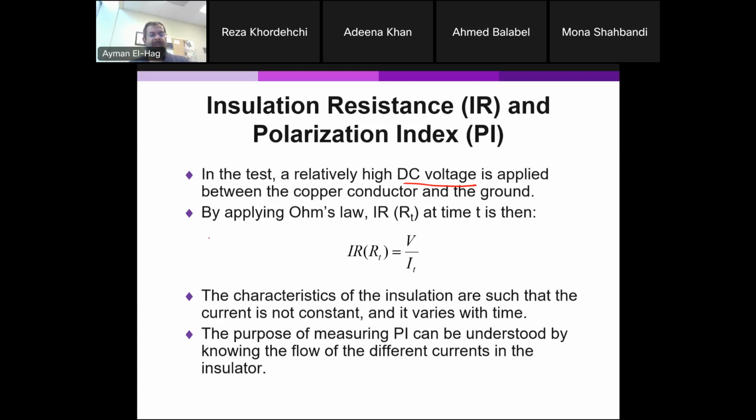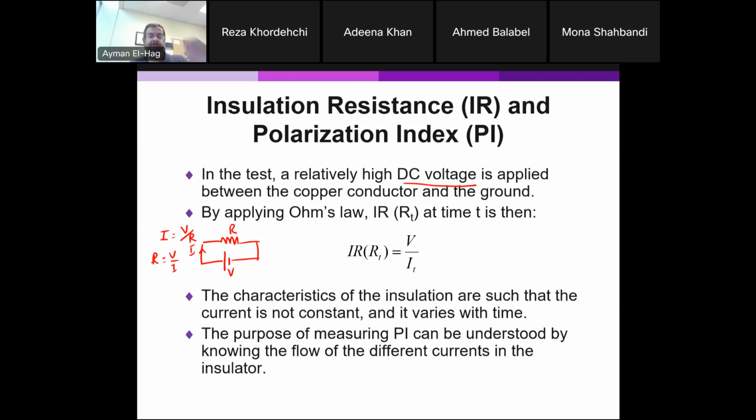What does this mean? If I have a small resistance, a regular resistance R, and I apply a DC voltage V to it, and I measure I, your I will equal V divided by R, or your R is equal to V by I. It's a constant value. It doesn't change with time.